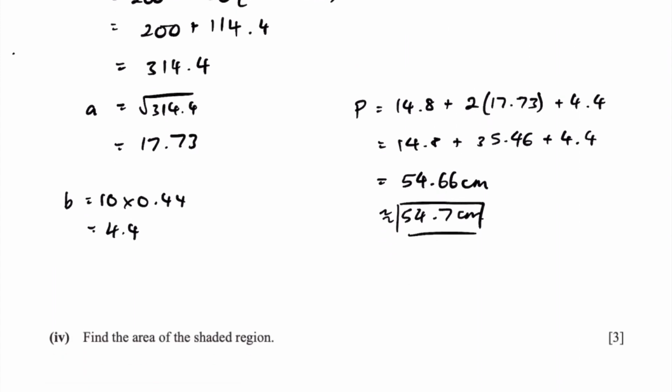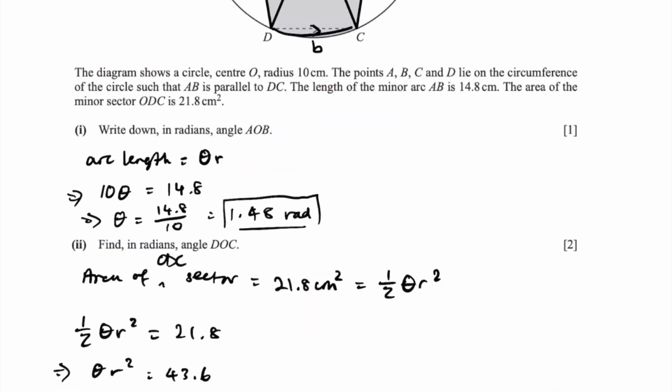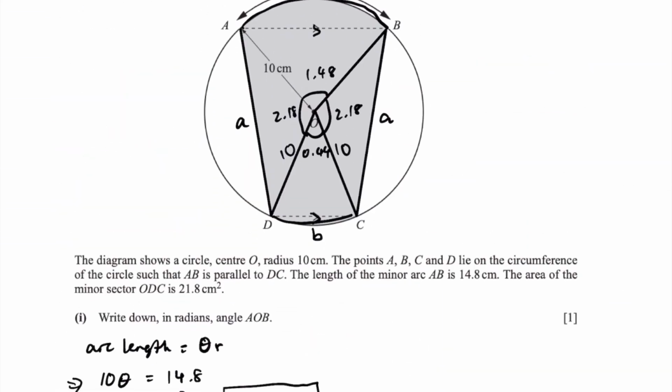So that's the perimeter. Now we need to find the area of the shaded region. To do that, it's going to be a little bit trickier. But what we can do is divide it up into key sections again. I'm going to highlight them in different colors. This over here is one portion.